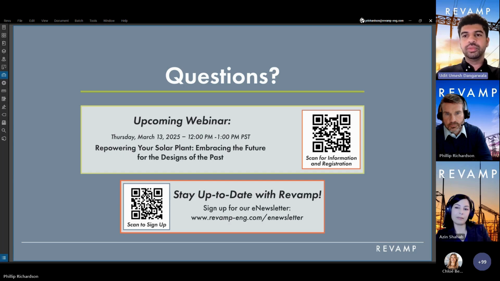So depending on the actual project specifics and the settings that are implemented, that will determine how much energy or how much time the inverter will still contribute to the arc fault. I hope that answers the question.